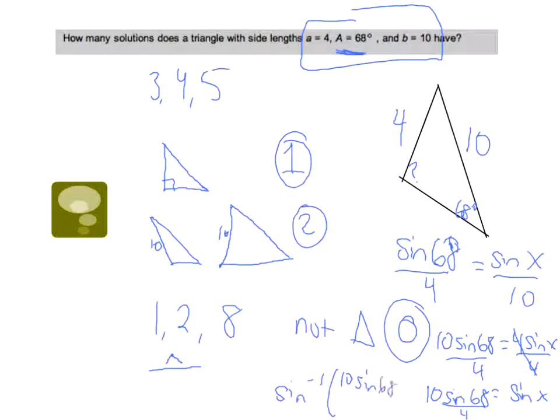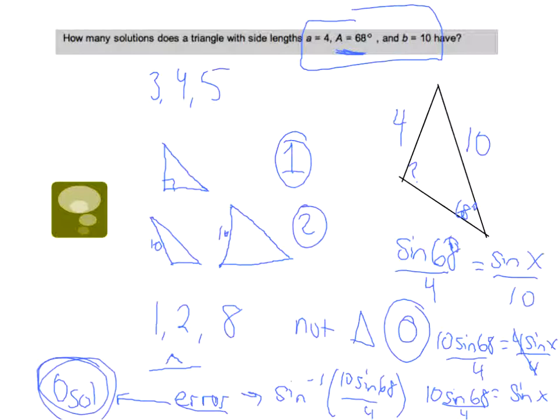So if I do sine -1 of 10 sine 68 over 4, your calculator is actually going to say error. It's not able to do it. And if your calculator ever says error, guess what that means? It means 0 solutions. It means it's not possible, given these two lengths and a degree of 68, for you to form a triangle.